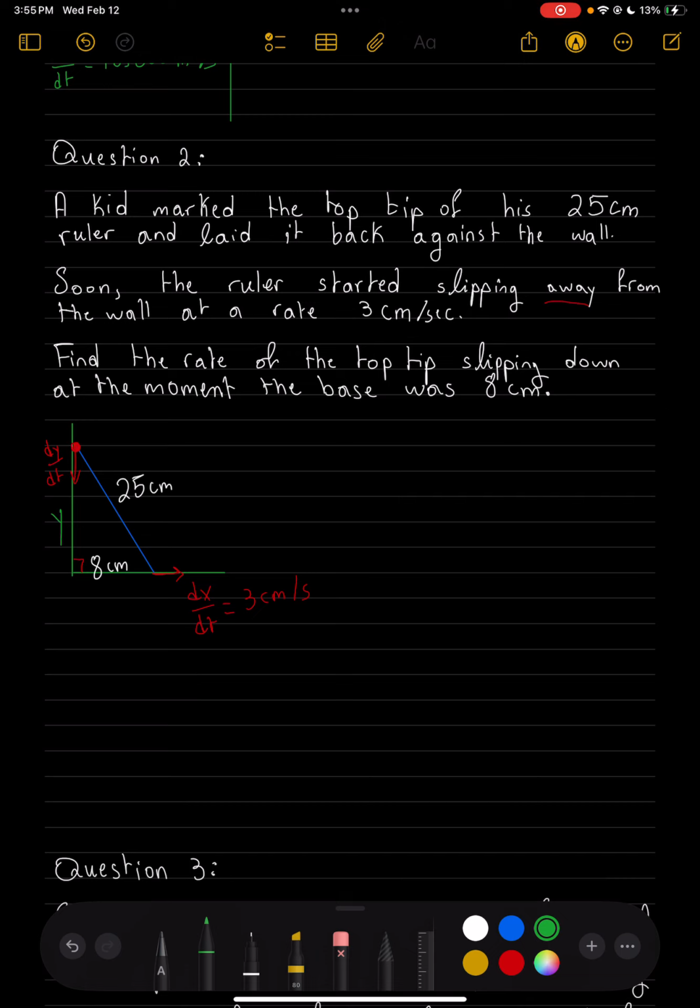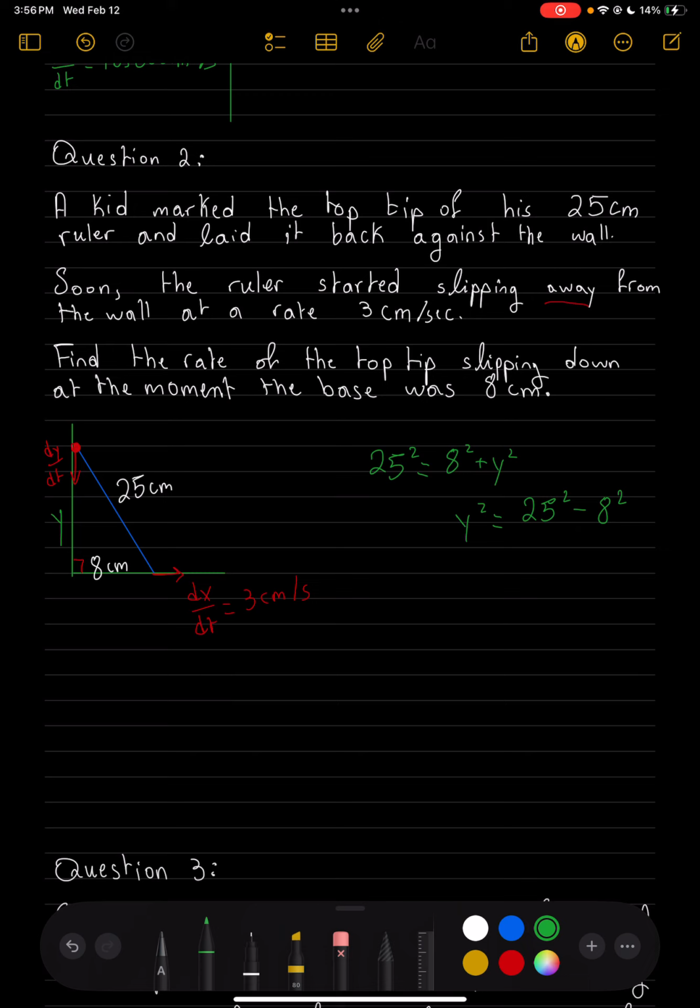What is y? So basically what I'm going to do, I'm going to find 25 to the power of 2 is equal to 8 to the power of 2 plus y to the power of 2. That means y to the power of 2 is going to be 25 to the power of 2 minus 8 to the power of 2. So 25 to the power of 2 is basically 625, and we're gonna minus that with 64, which is going to be 561.